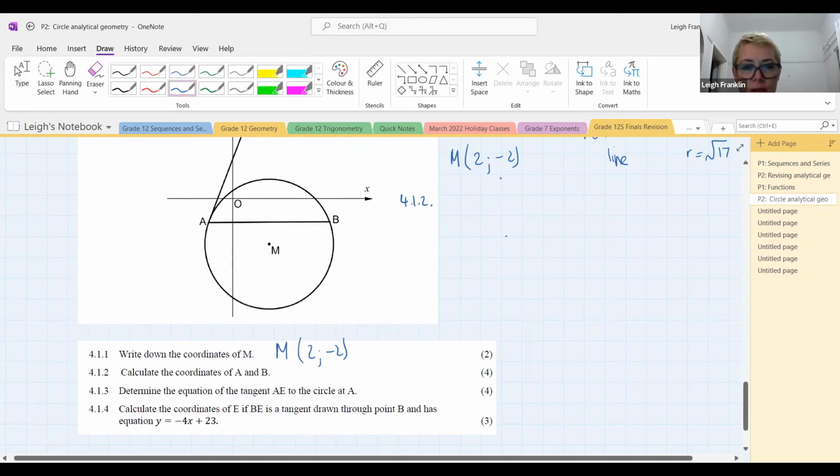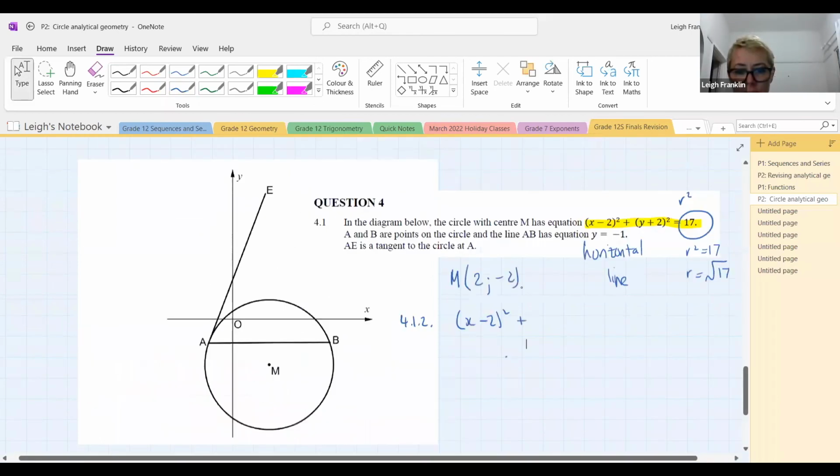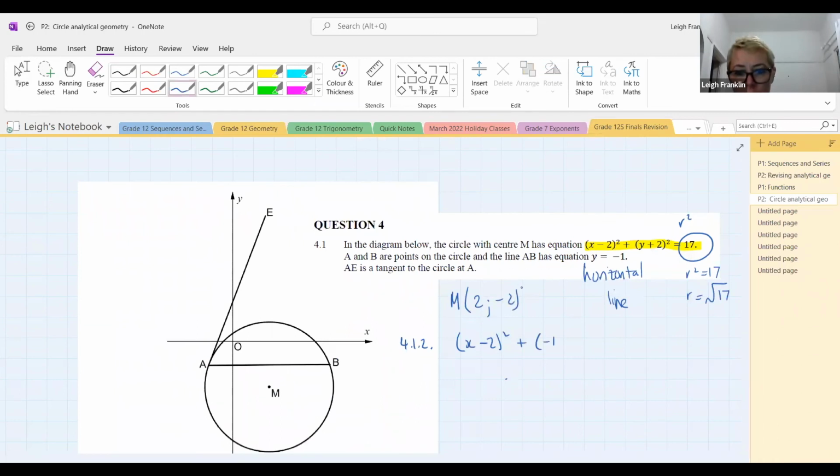So in question 4.1.2, we are going to write that x minus 2 squared plus, and then in this case, y has got to be -1, so -1 plus 2 squared has got to be equal to 17. Okay, so it's quadratic. We're going to end up with 2 solutions for x. Remember, when you square your binomial, you have to have 3 terms: an x squared term, an x term, and a constant term.